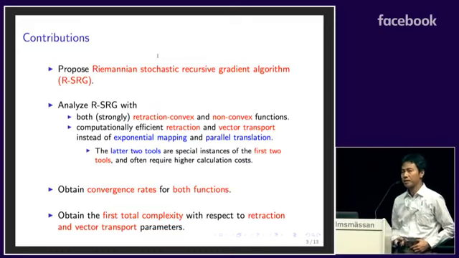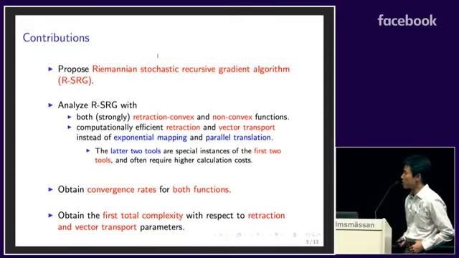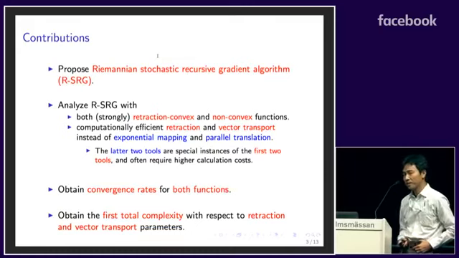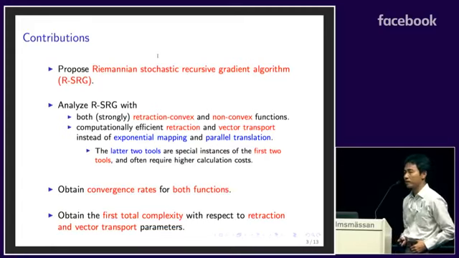This analysis is very challenging. So we get the convergence analysis for both functions. And finally, the total complexity is obtained with respect to the retraction and vector transport parameters. This is the first result as far as we know.